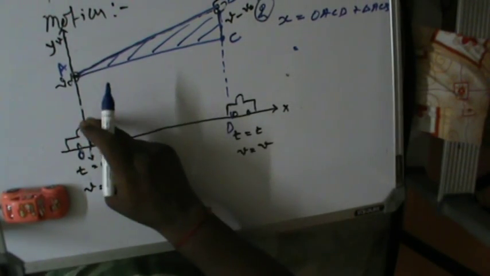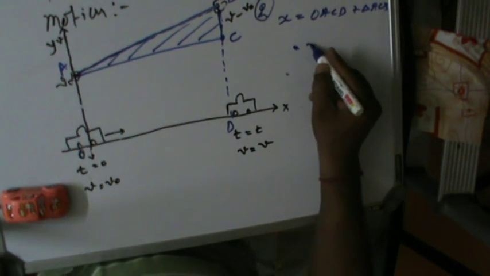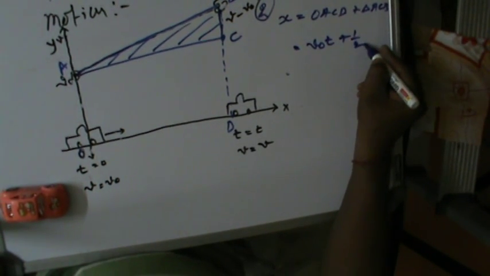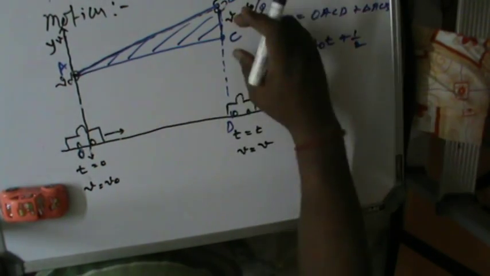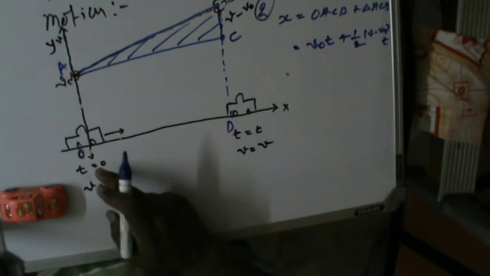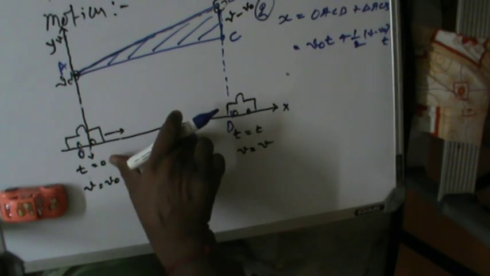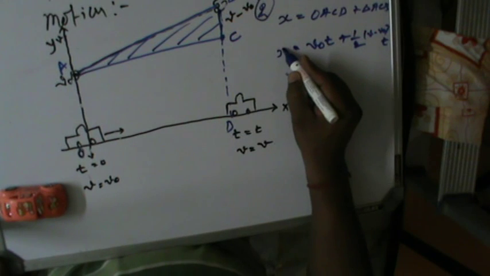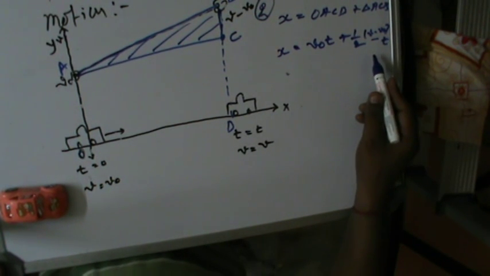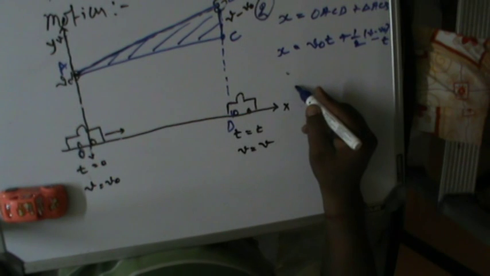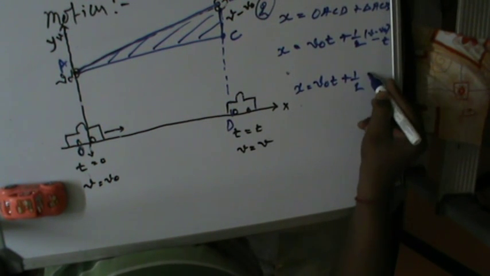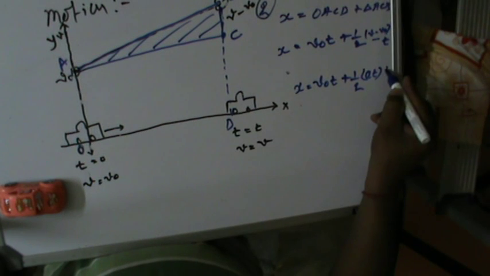You know very well, this is V0 and time t. So we can say V0t plus the area of the triangle, which you know very well is 1/2 base times width, that is 1/2 into V minus V0 into t, because total time is t minus t0, that is t. Now simplify that.